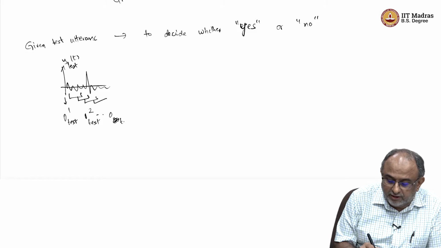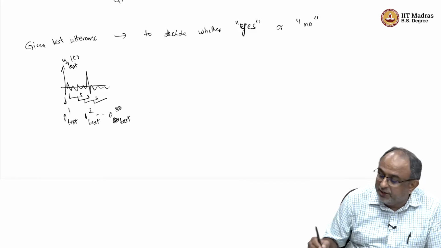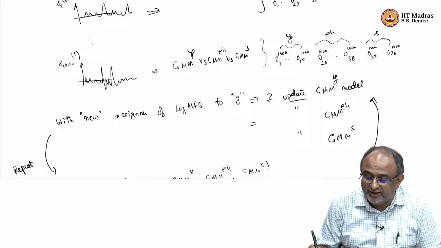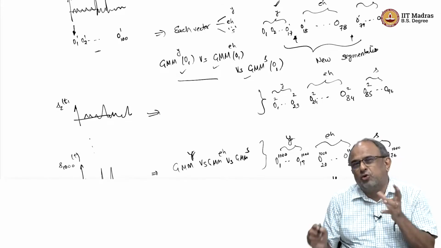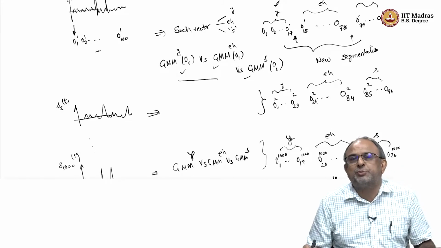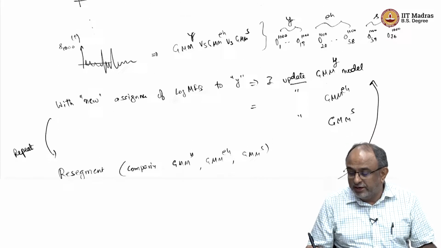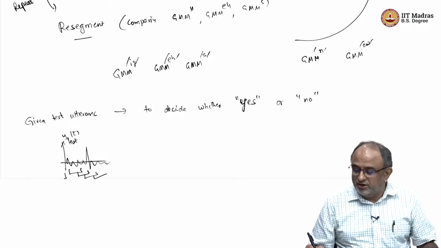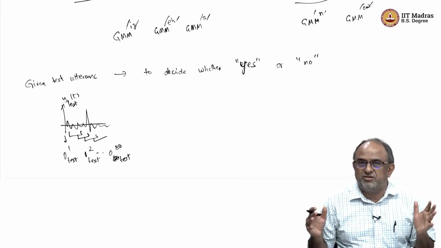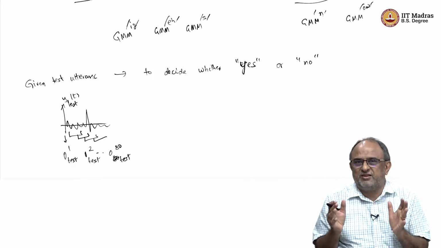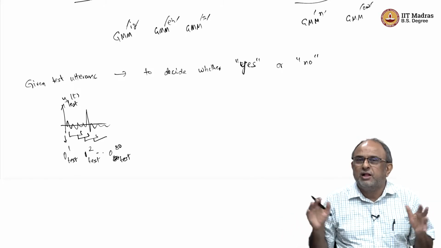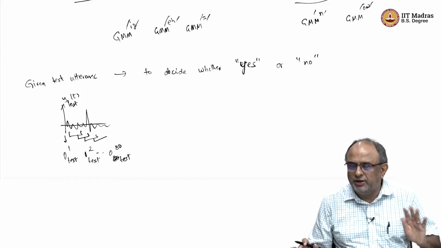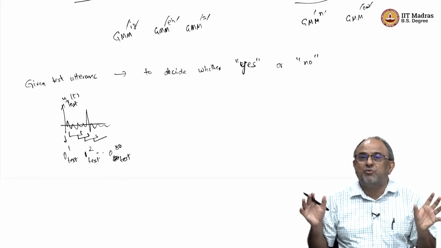up to, let us say, O test 80. Some intelligent, clever person might say, hey, yes is going to be longer than no, I will use that to distinguish between yes and no. Isn't that a good idea? We are talking about very general cases. In this specific case, yes and no, we think yes is going to be longer than no, so I could use that. But look at the general case: maybe I am saying words of equal length.